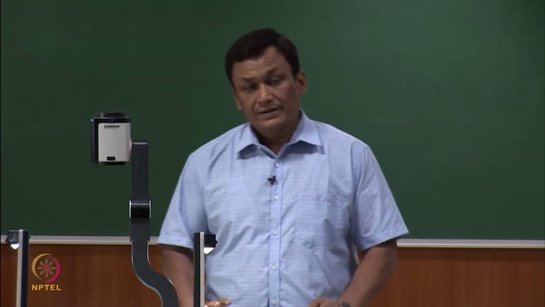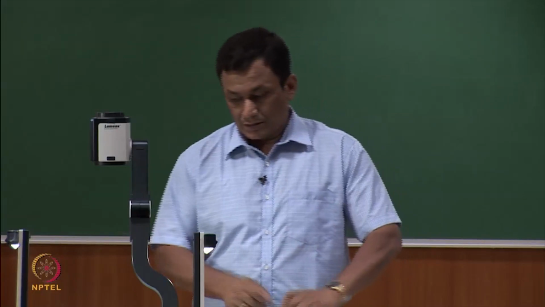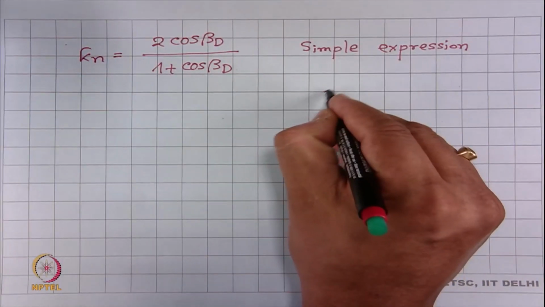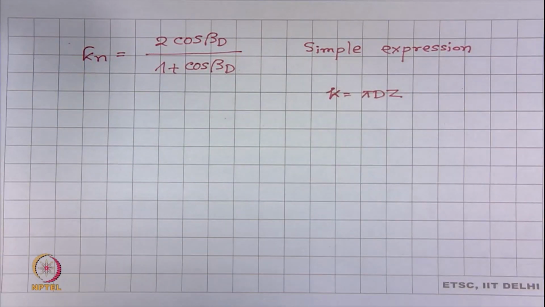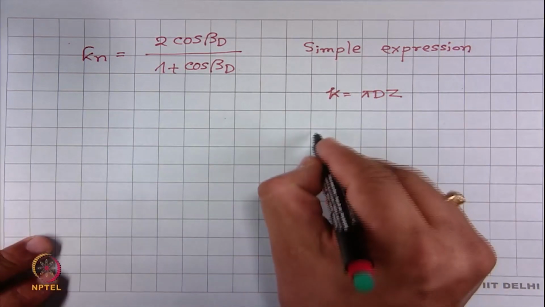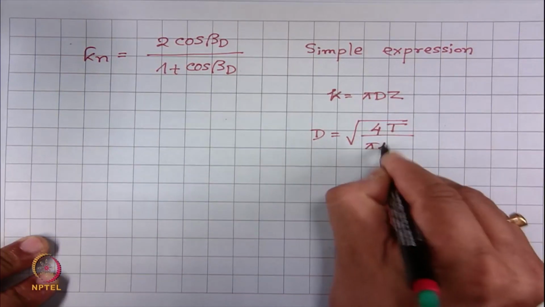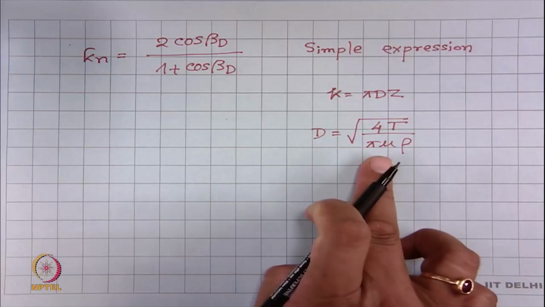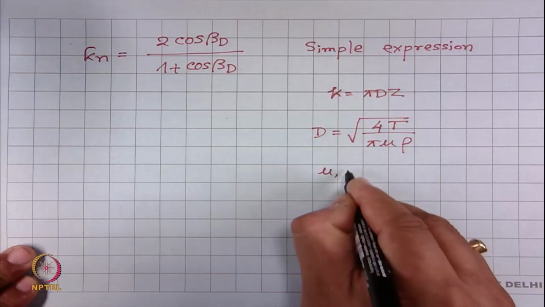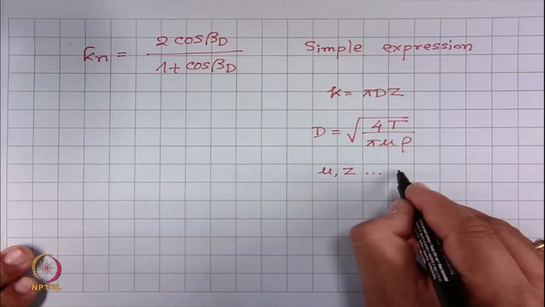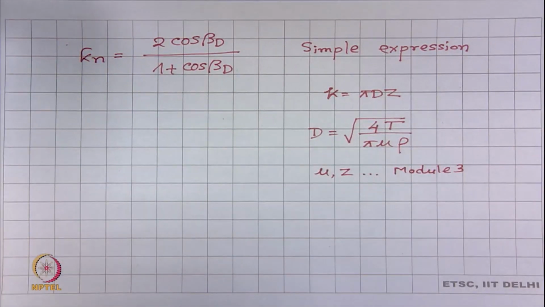Now, what we see is that if we know kappa pi dz, if we know diameter, pi mu rho, for that you need to know mu. So, this mu and this z, we can know from module 3, right.